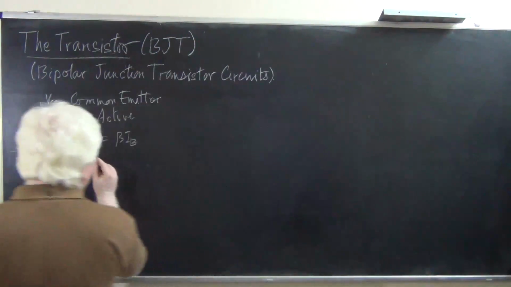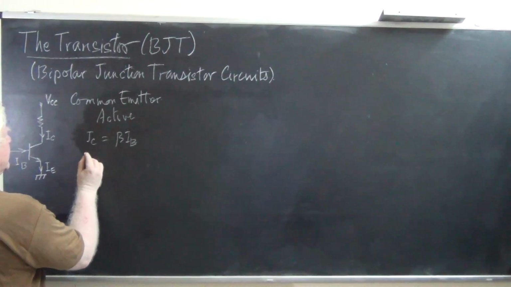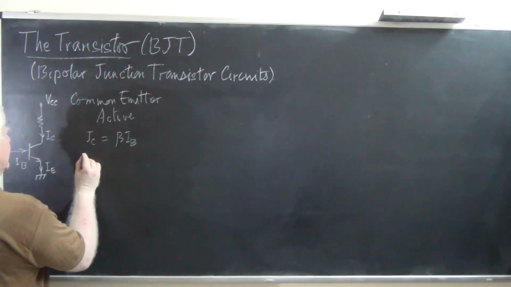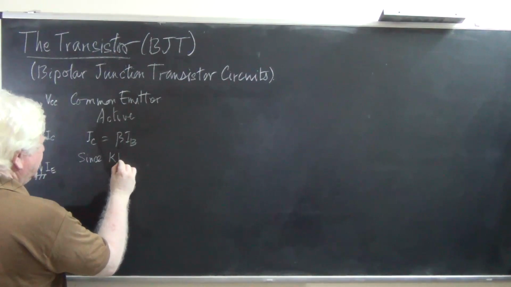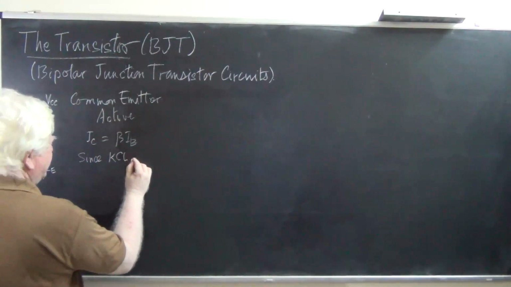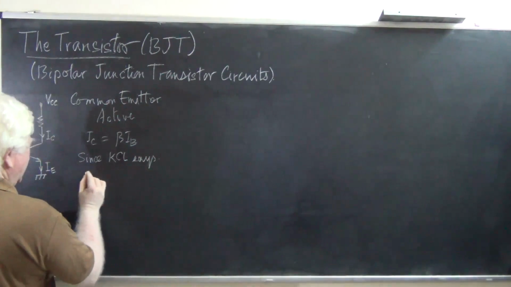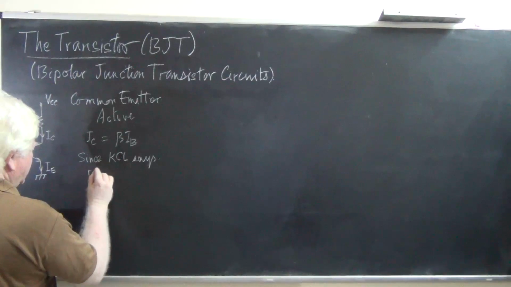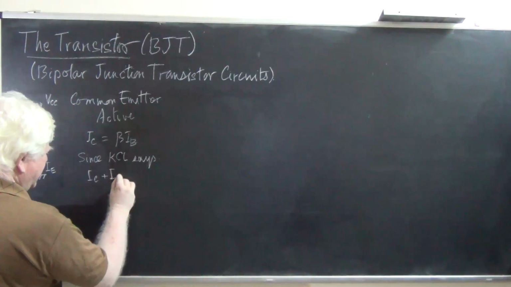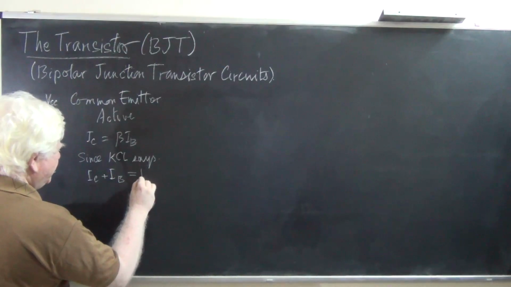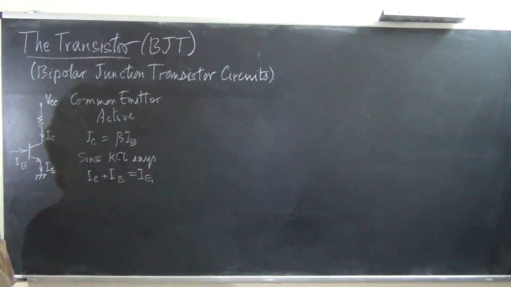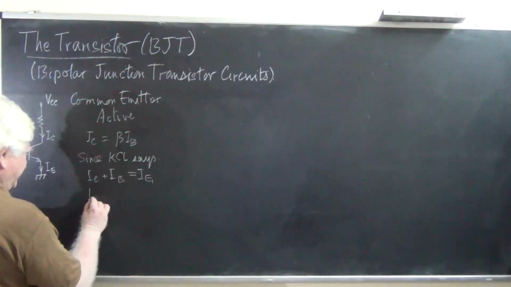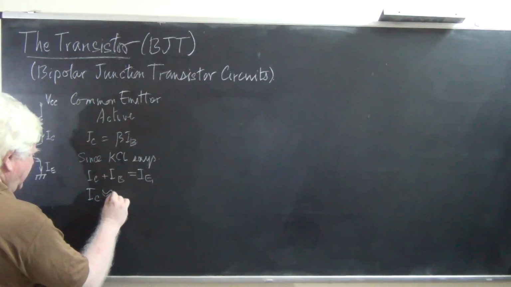So if beta is 100, then you will see that since KCL says that IC plus IB must add up to the emitter current, and since IB is such a small fraction of IC, we could approximately write that IC and IE are the same.